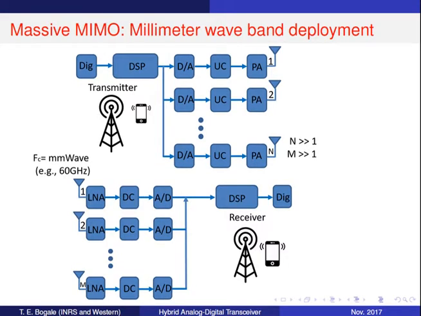In the second scenario, we will operate at very high carrier frequencies such as millimeter wave bands, which span from 30 GHz to 300 GHz, and deploy massive antenna at the base station and each user terminal.